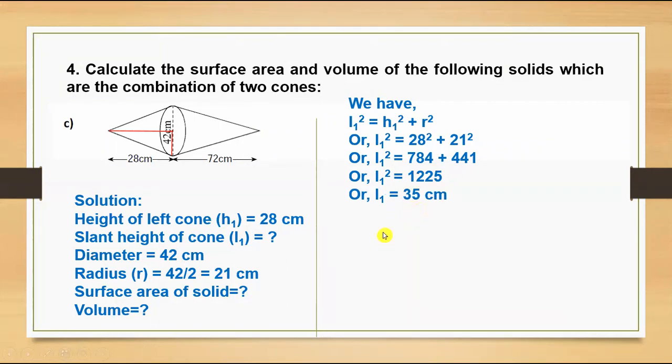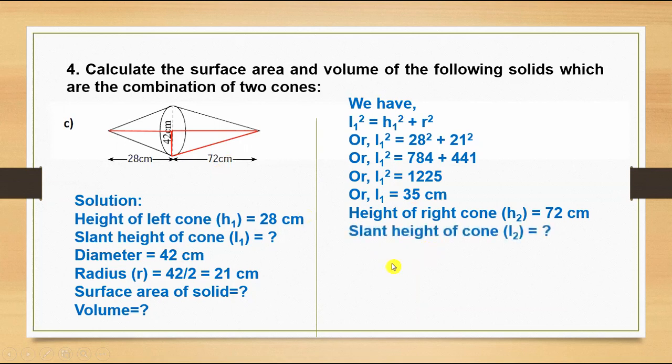Similarly, calculate the slant height of the cone at the right side also. There is the vertical height and it is the radius, and this one is the slant height. So calculate slant height in a similar way. The height of the right side cone is h2, which is 72 centimeter according to the question, and slant height is not given, so let it be l2. The radius we have already calculated, so we don't have to calculate it because the radius of both cones is the same.